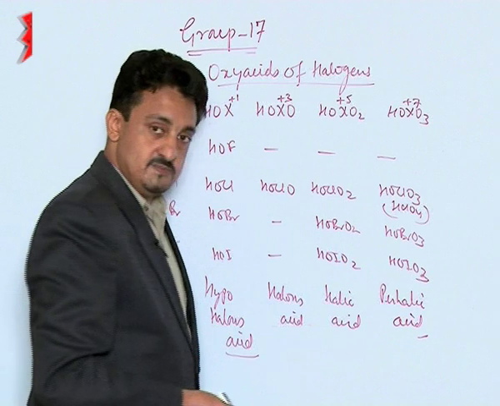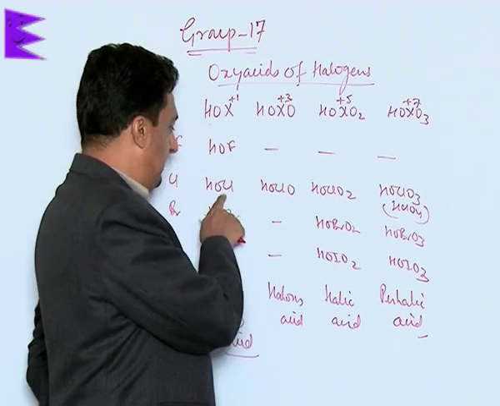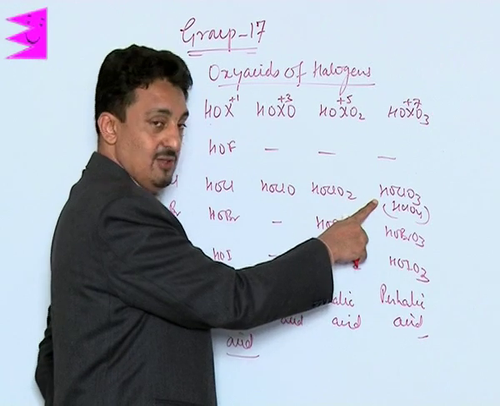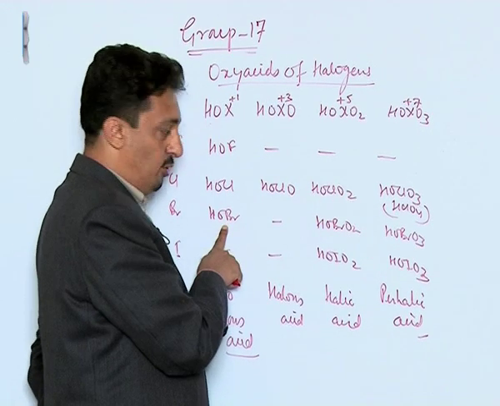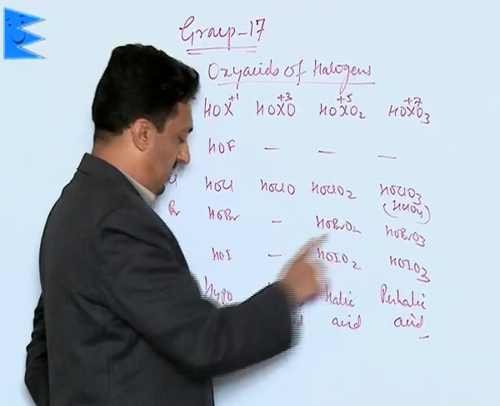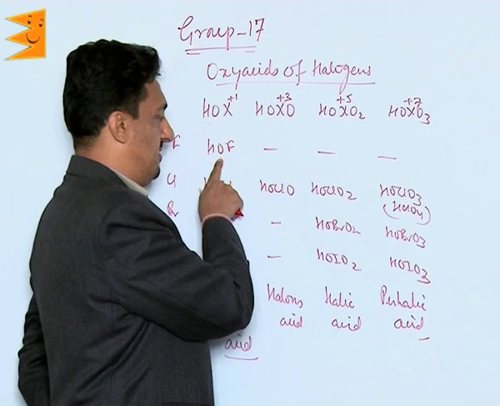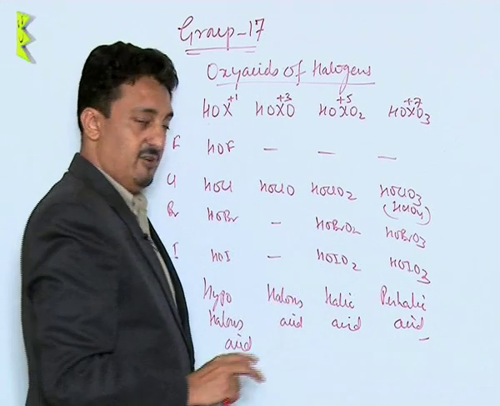So this is how they go. So this will be called hypochlorous acid, chlorous acid, chloric acid, perchloric acid. This will be called hypobromous, bromic, perbromic, hypoiodous, iodic, periodic. This is hypofluorous acid. So these are its oxyacids.